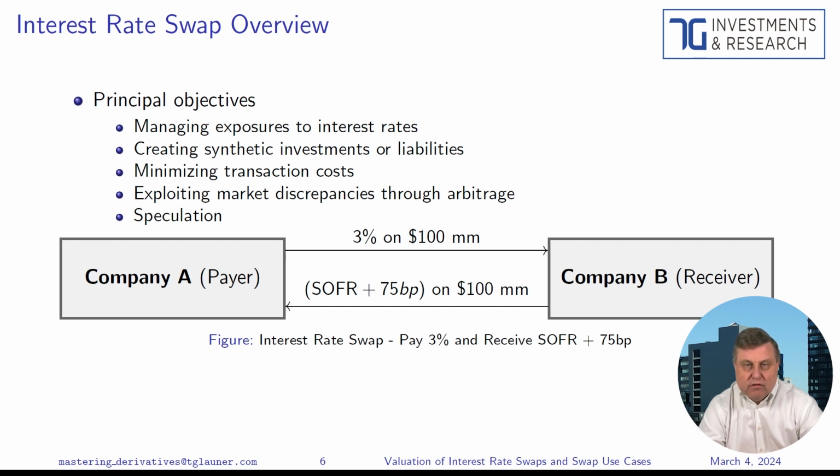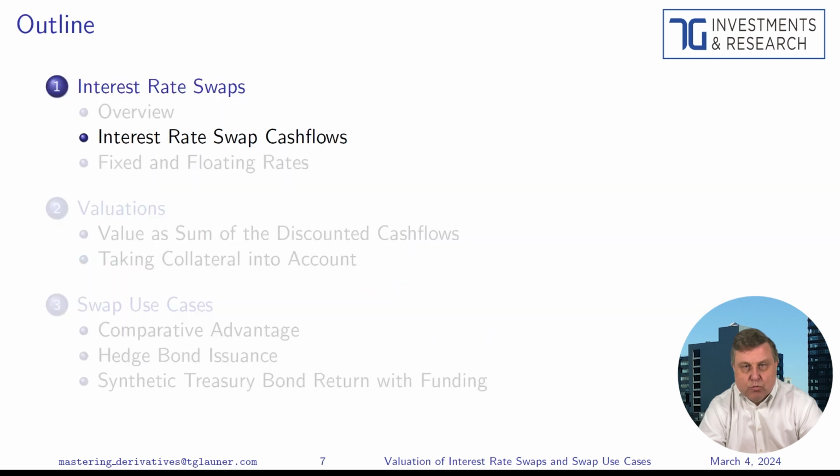If it were, the fixed rate would be set against SOFR without a spread. Likely one party requested either to pay or receive 3%, resulting in an implied spread so that the initial value of the swap is minimal. Now let's move on to discussing interest rate swap cash flows.